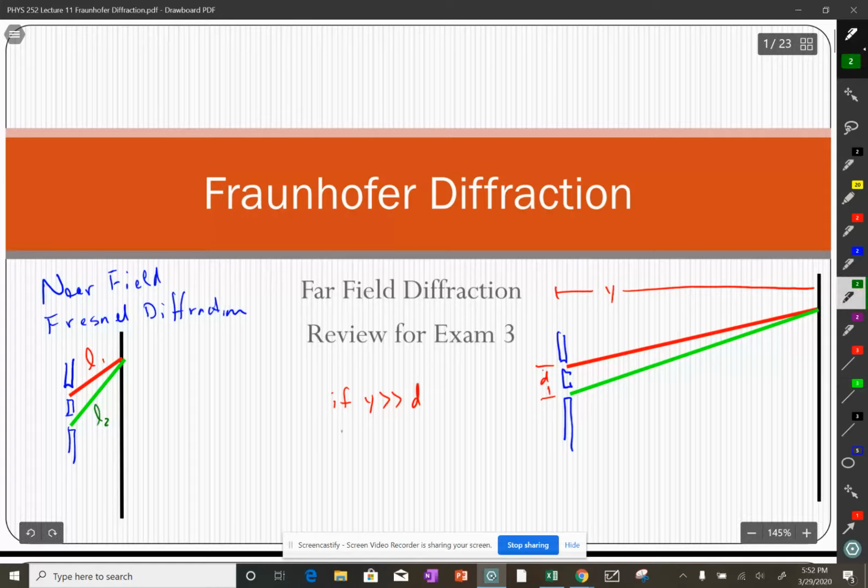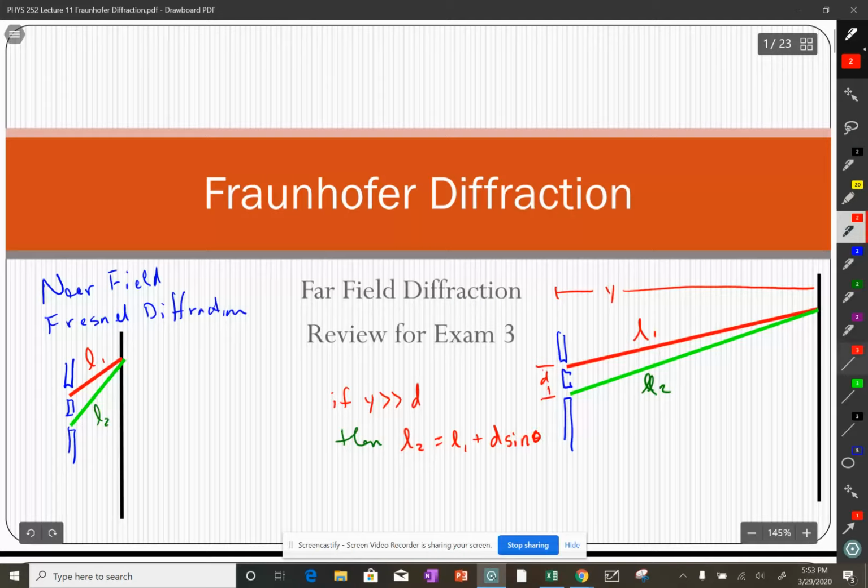But in this limit, then L2 equals L1 plus d sine theta.